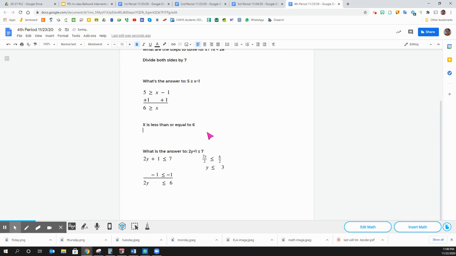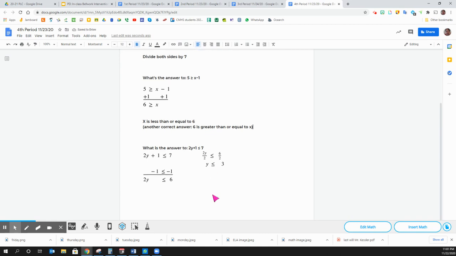Just so you know, another correct answer that was not on the work would be 6 is greater than or equal to x. They mean exactly the same thing if you were to graph it.